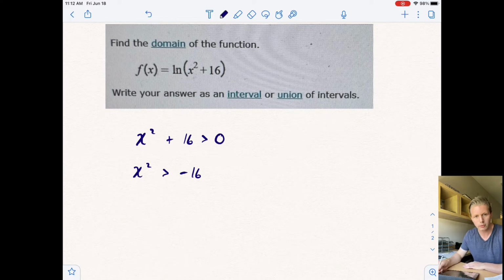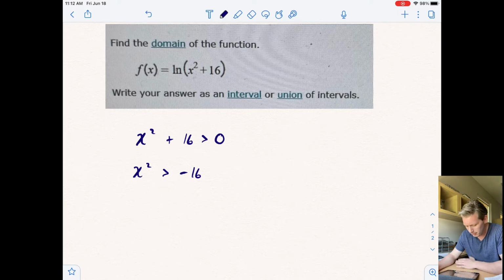Taking the square root, I would have the square root of a negative number, which is not real, so there are no restrictions. That confirms that there are no real values of x that fail this condition.